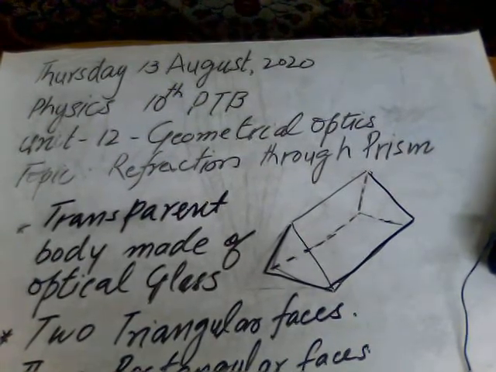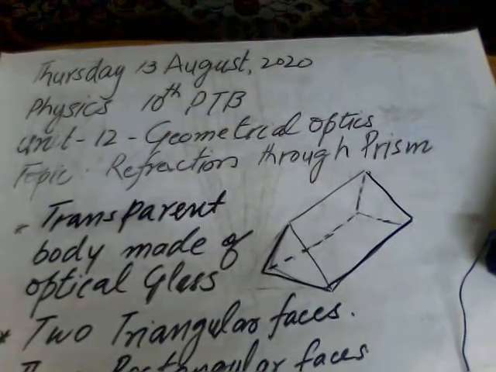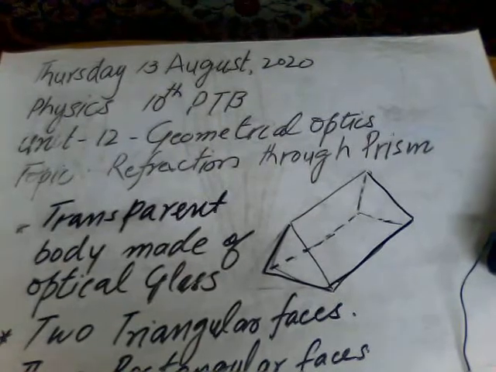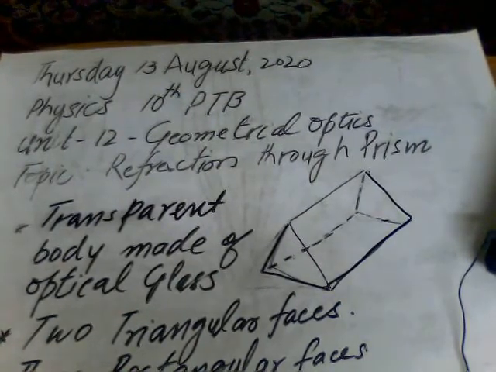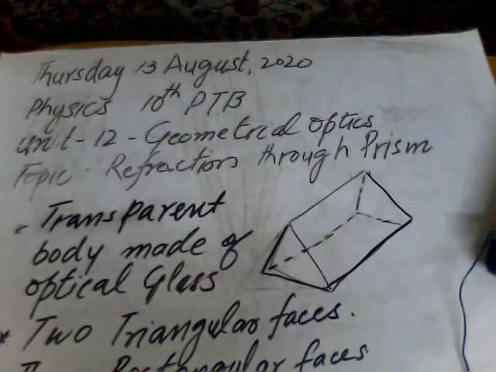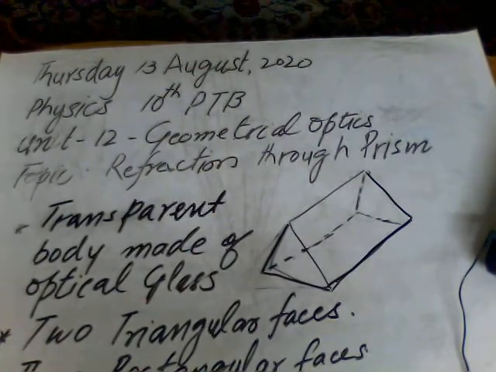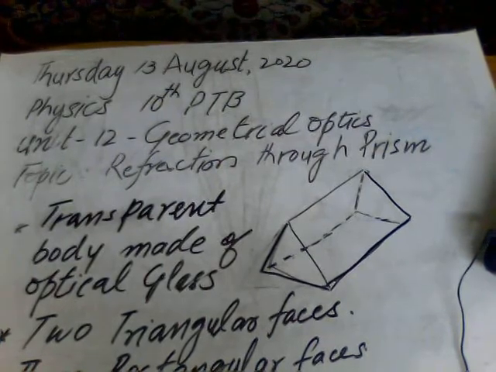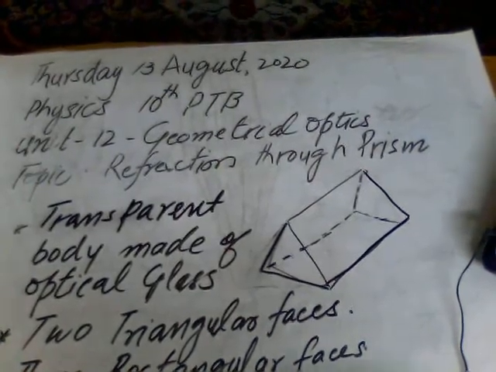A prism is a transparent body made of optical glass. It's like a camp tent that you may have seen scouts use, or our soldiers at the border.